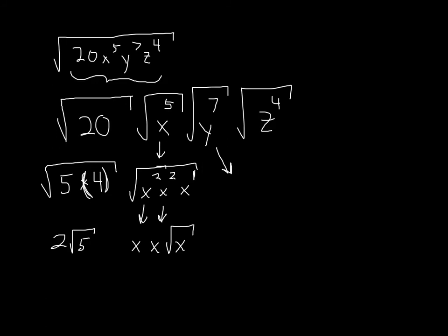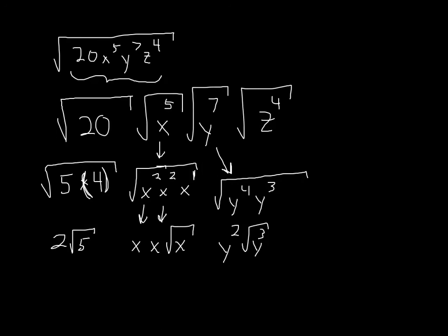So next we're going to have y to the 7th. So that's going to be the square root of y to the 4th times y to the 3rd. 4 plus 3 is equal to 7. And the square root of y to the 4th is going to be y squared. And then we still have the square root of y cubed.